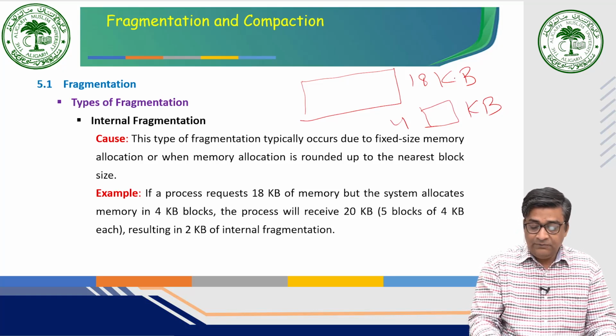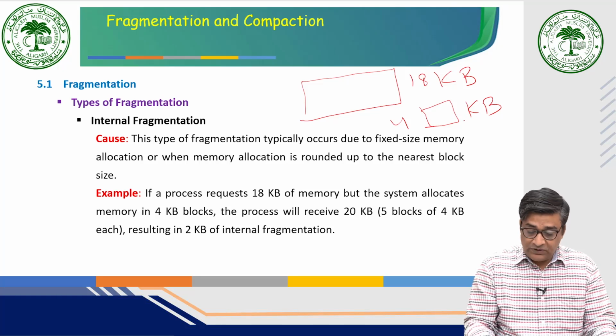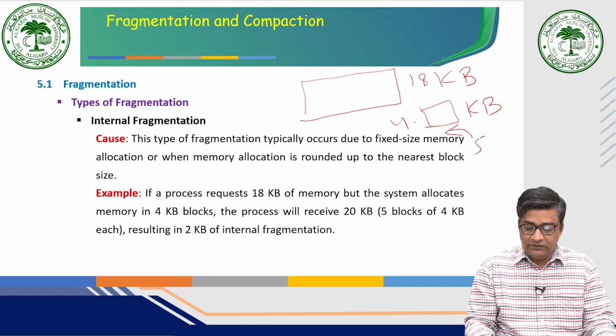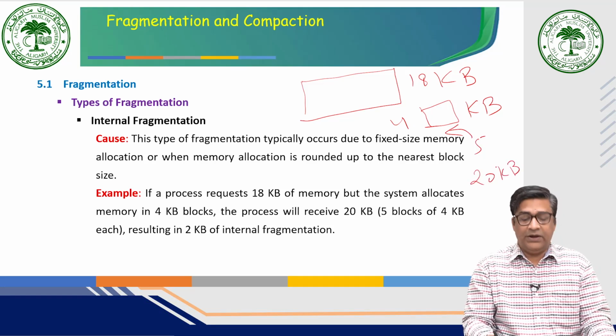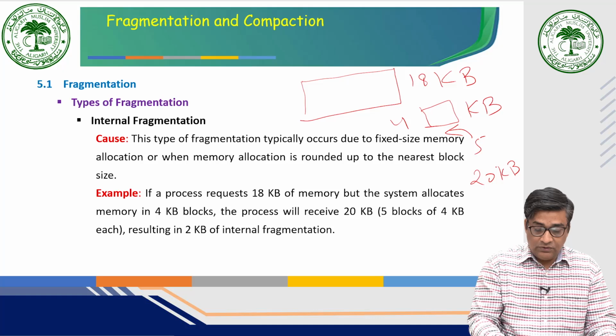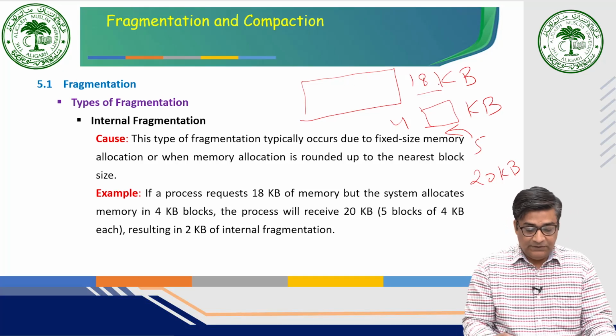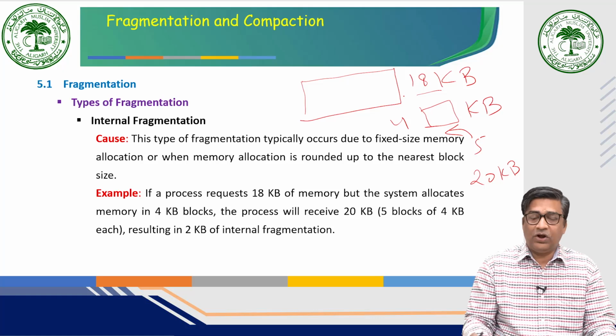The system will reserve 5 such blocks, because 5 multiplied by 4 means 20 KB of memory will be required to allocate the 18 KB request made by the process.